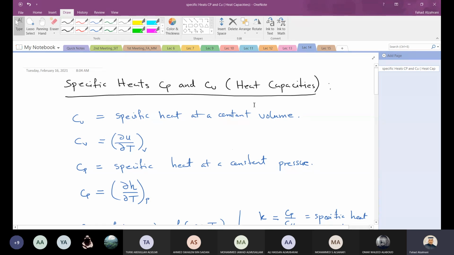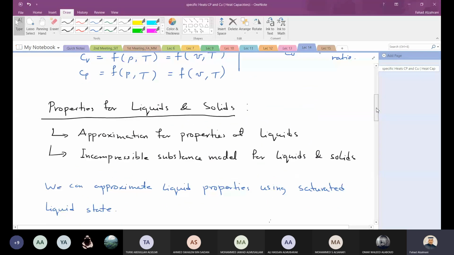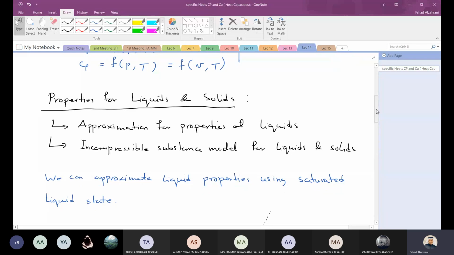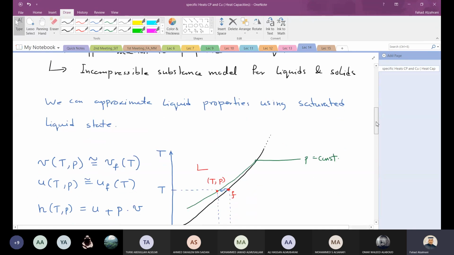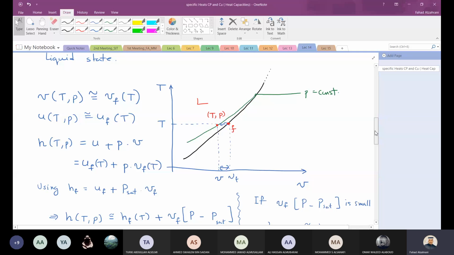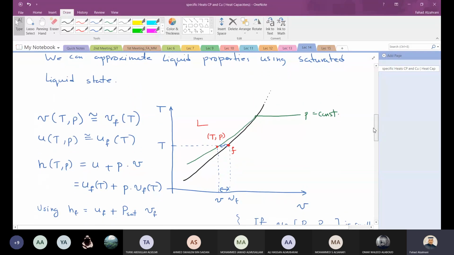Last time, we talked about the specific heats Cp and Cv as properties, and we also talked about some approximations for liquids and solids. We said we can approximate a compressed liquid by the saturated liquid properties.